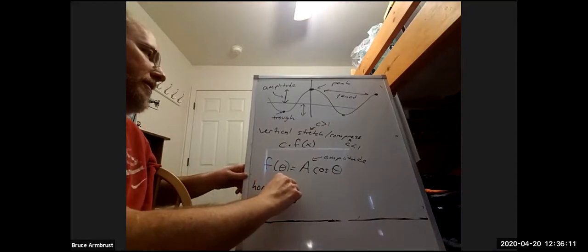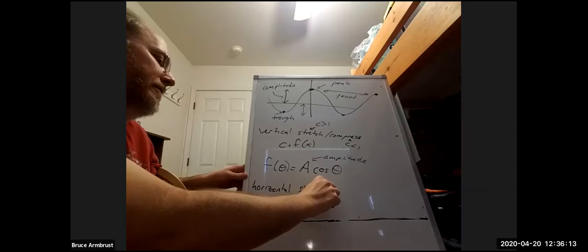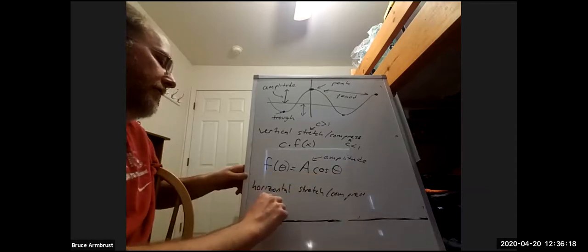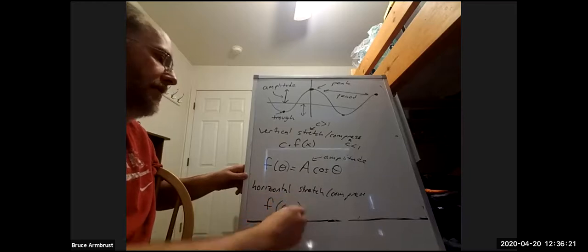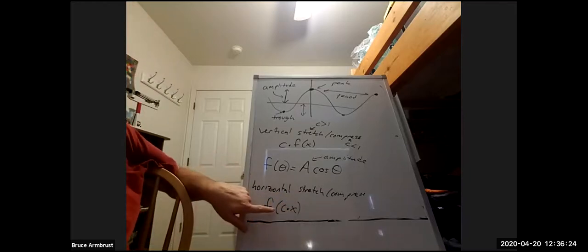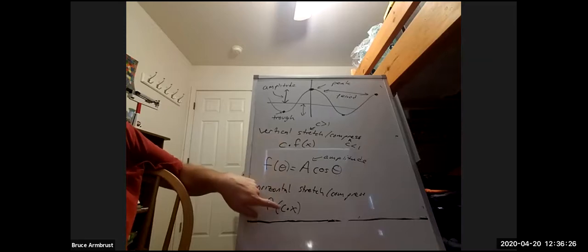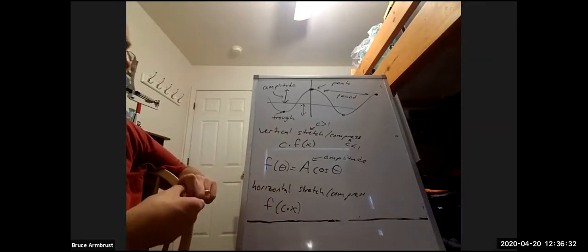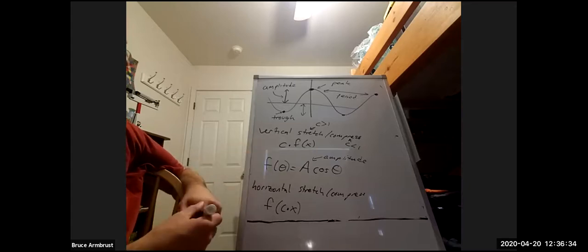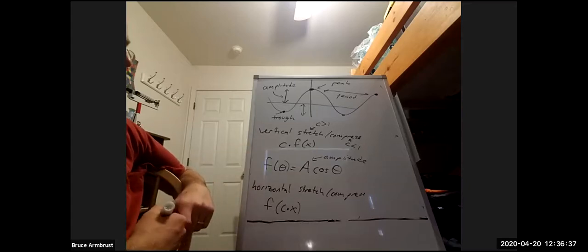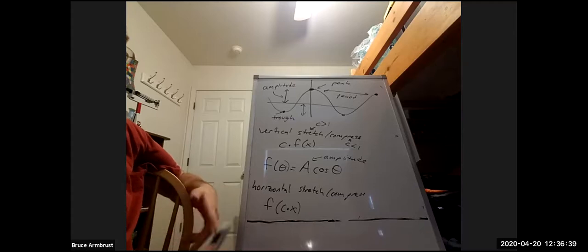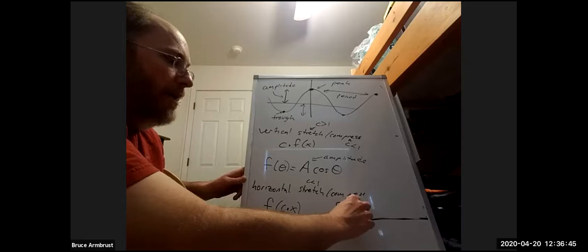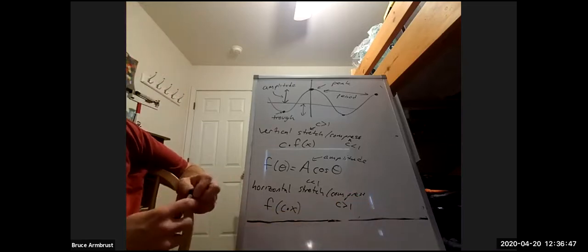So for a horizontal stretch or compress, what we're going to do is have f of c times x. So notice that multiplying is happening in a different part. It's inside the function as opposed to outside. Inside changes things horizontally. Outside changes things vertically. All right, so it's a horizontal stretch or compress. This one's backwards. The stretch happens when c is less than 1, and the compression happens when c is greater than 1.